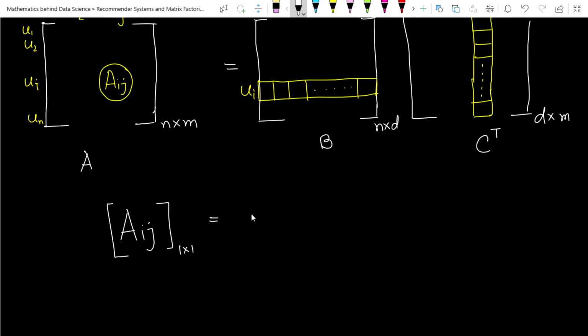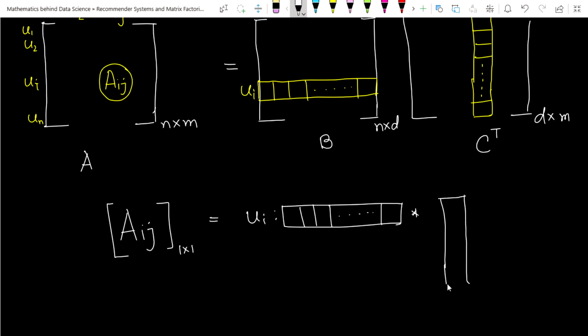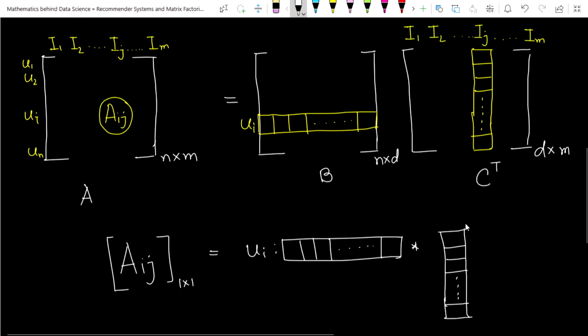This is the Ui corresponding features vector of the user i, and this is the corresponding column vector for the item j.